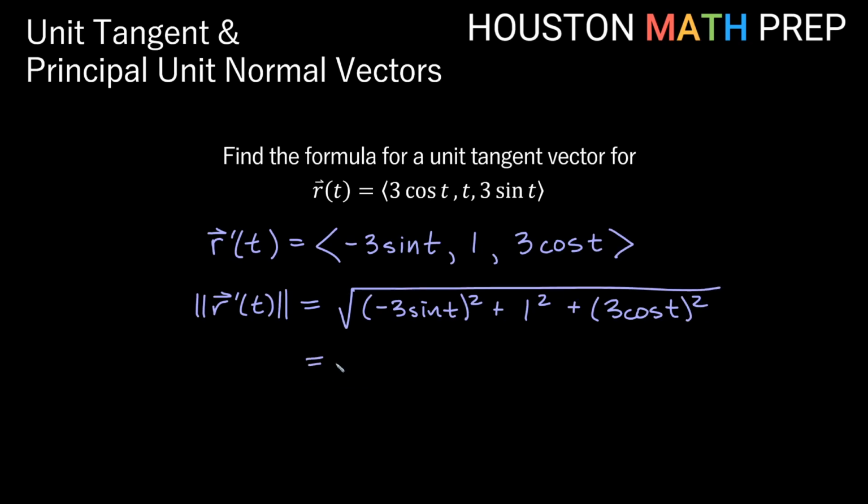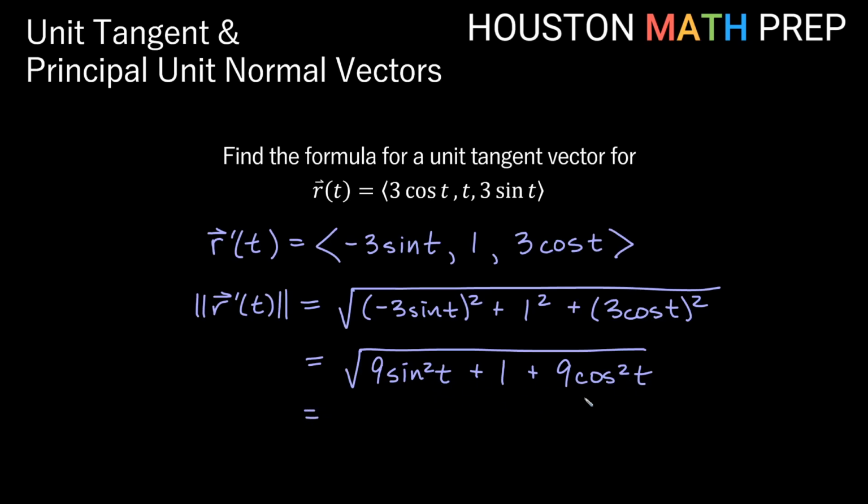Now if we work this out, the squares underneath here, we'll get 9 sine squared t plus 1 plus here we get 9 cosine squared t. We'll need to add all those up under our root. Now you might notice here that cosine squared of t plus sine squared of t is a Pythagorean identity. That's going to help us simplify a bit.